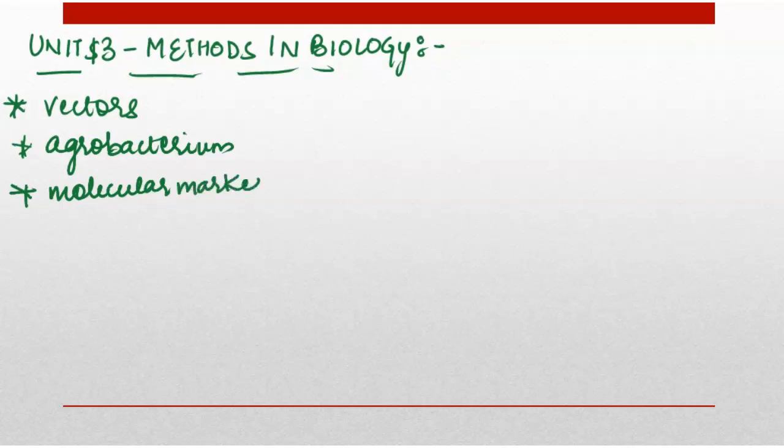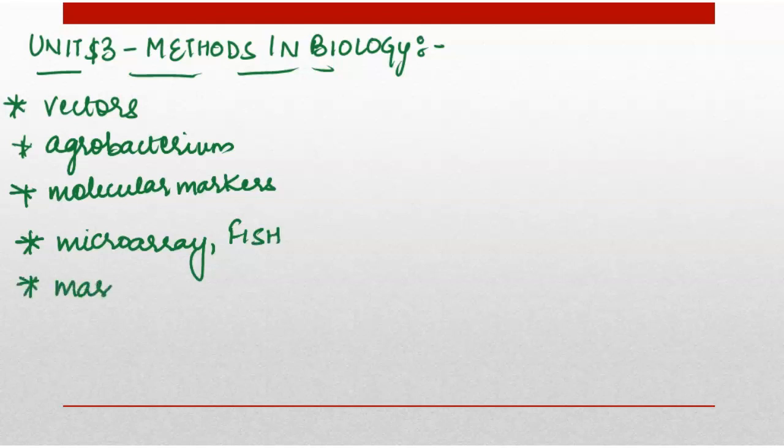Molecular markers. RFLP, AFLP. You should know their application and how the results are analyzed. And the result analysis is very easy. Microarray, FISH. Then is mass spectrometry. Mass spectrometry result analysis is basically asked.